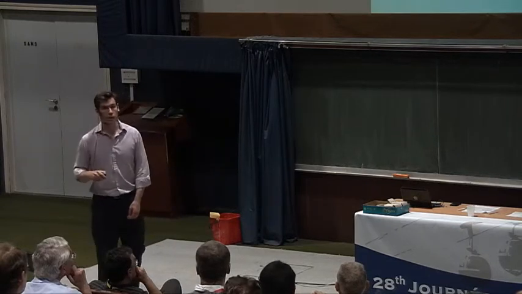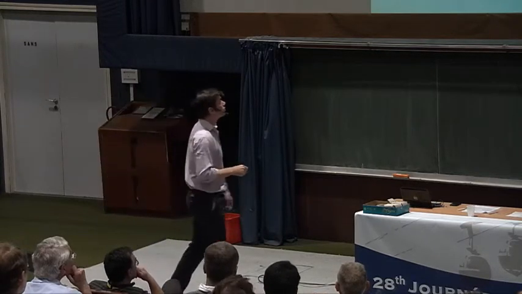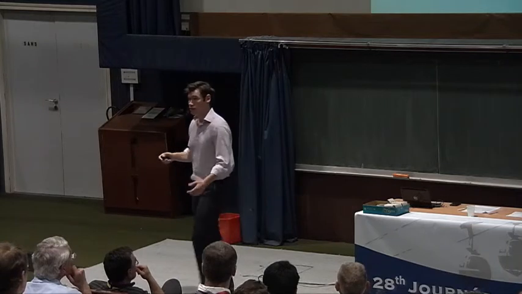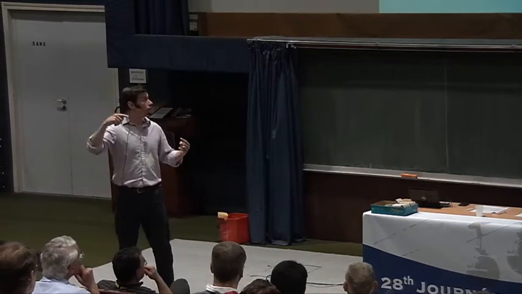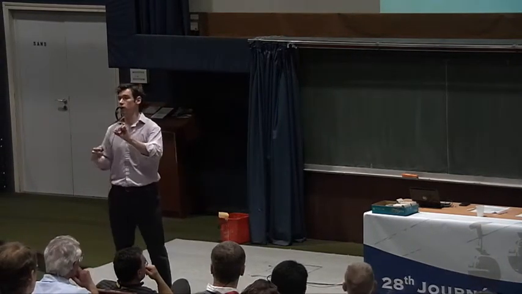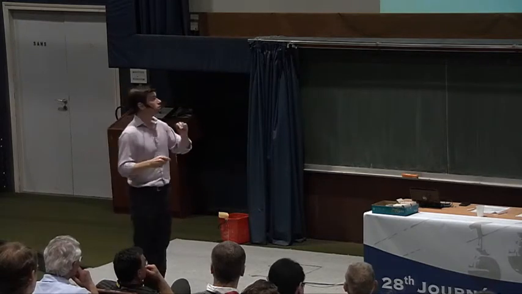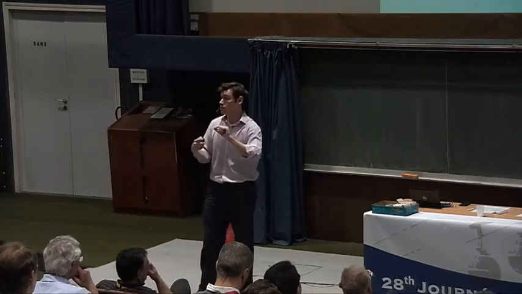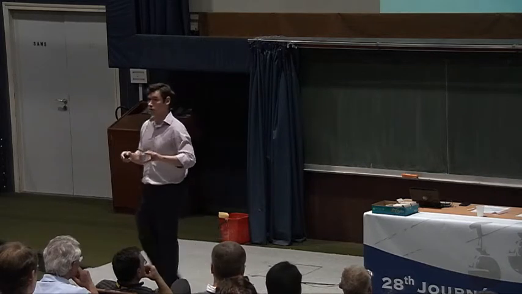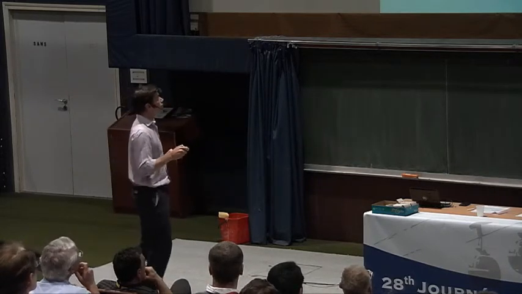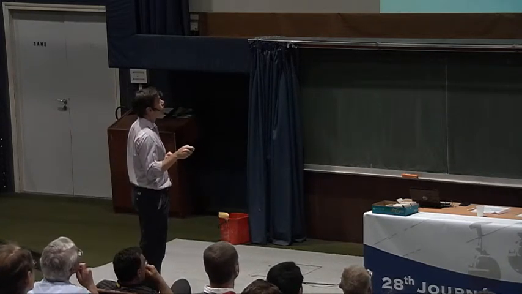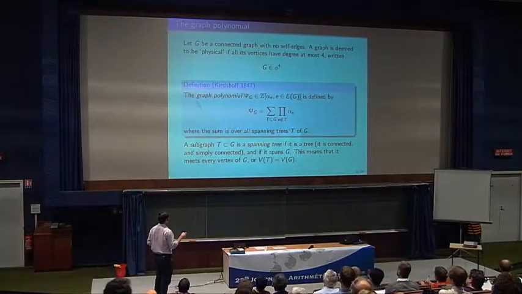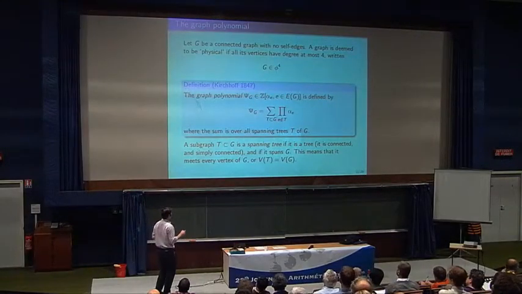This is because in all the standard physical theories, except maybe for gravity, there are no theories in which more than 4 particles interact at one point. So graphs with 5 edges going into a vertex are unphysical and are not relevant. This condition will be written G in phi to the 4. It's just a notation. It says that the vertices are of degree at most 4.